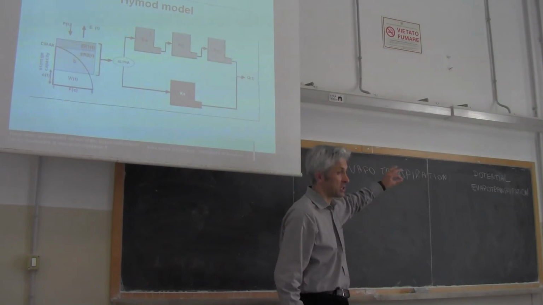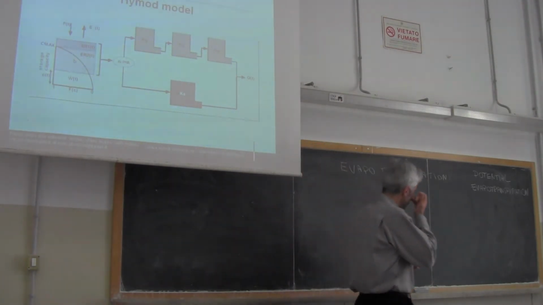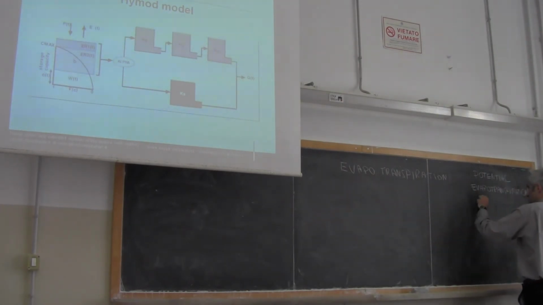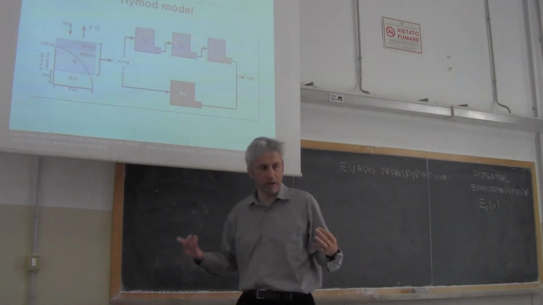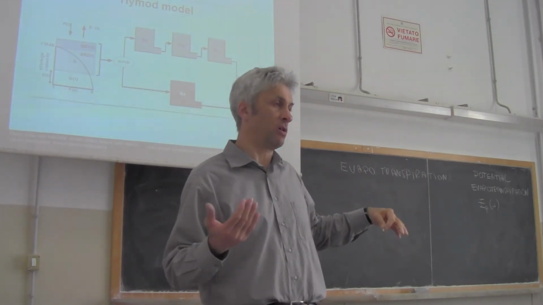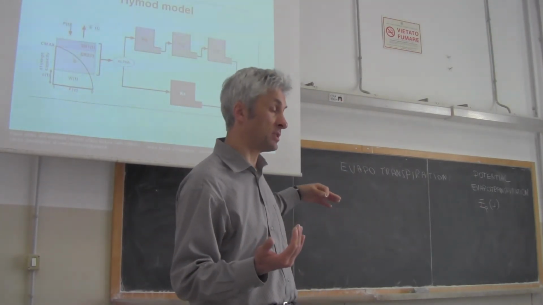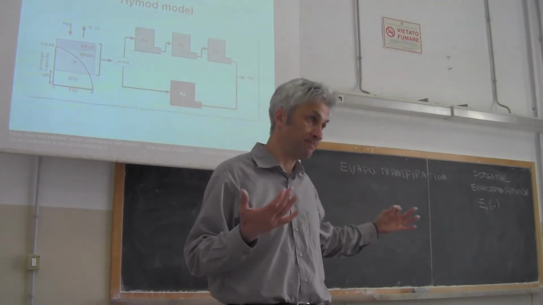Okay, this is potential. Why potential? Because it's the maximum. And this is usually called EP, which depends on time. And this is usually expressed with the unit of a length, like rainfall. So it's a volume of water that is evapotranspirated per unit area, potential.